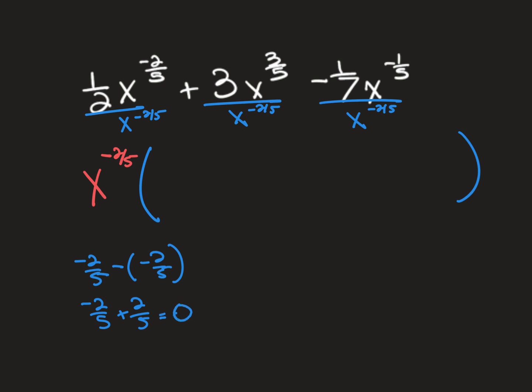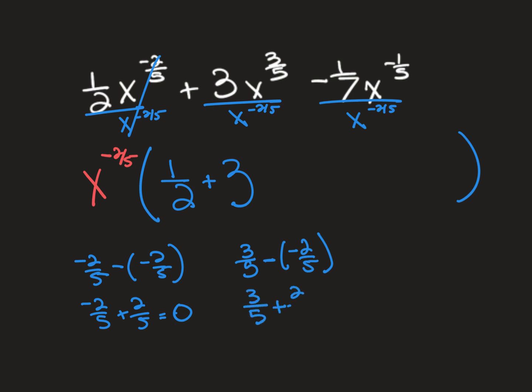And we know anything to the power of 0 is 1. So that leaves me with just the 1/2. Cool. Next, I know it's going to be plus 3, but I still have to do the top exponent, which is 3/5, minus the bottom exponent, which is negative 2/5. Again, that minus creates a positive.